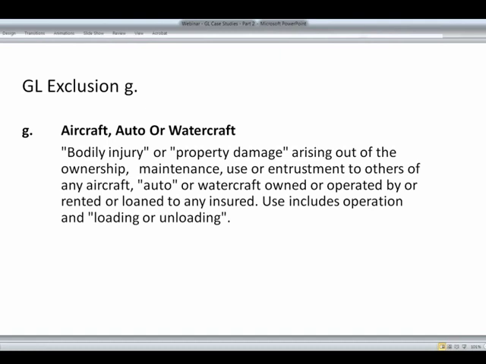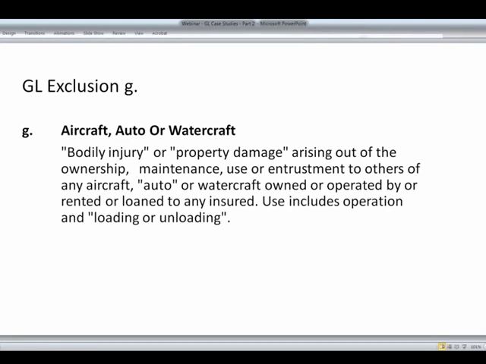But that's where people usually stop. But that's not a major concern here. It's only autos that are owned by, operated by, rented, or loaned to any insured. And we also have operations include loading and unloading, which is a defined term. So it's not that we exclude auto, and again, that definition of auto is important because that would determine which policy will respond to those items that we just went through.